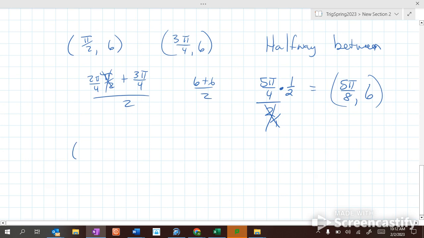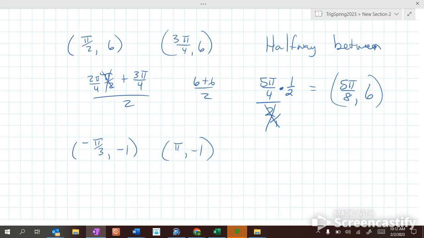Do that one more time. Let's say we're at negative pi over 3, negative 1, and pi, negative 1. What's halfway in between those two? Well, we have to take negative pi over 3 plus pi, which is 3 pi over 3, right? Divided by 2.